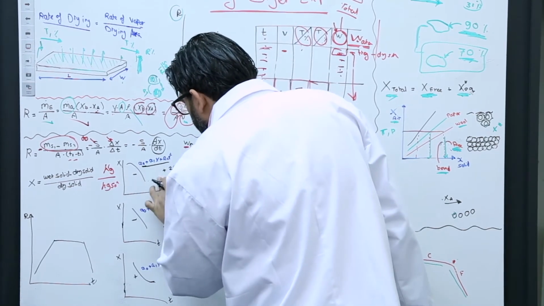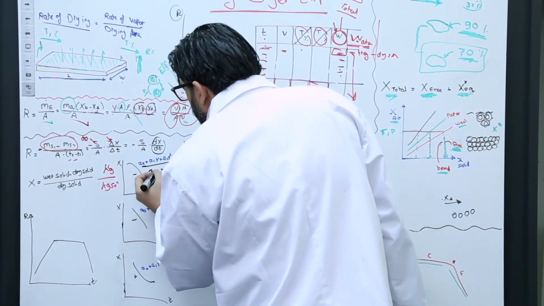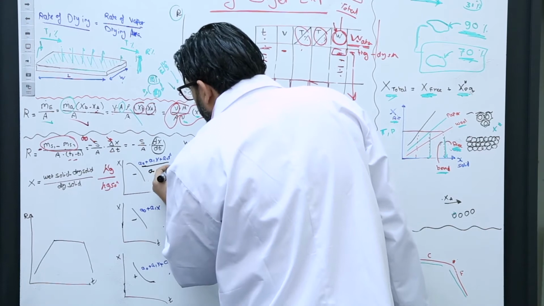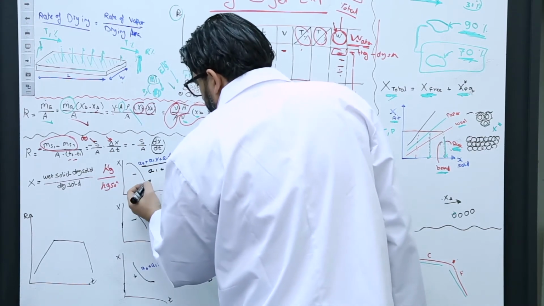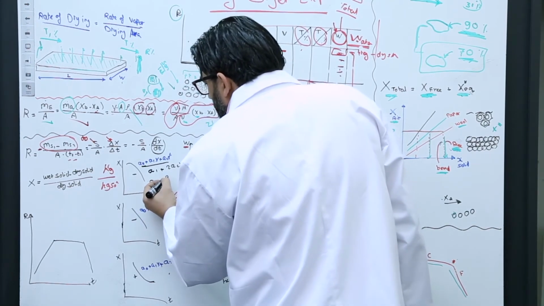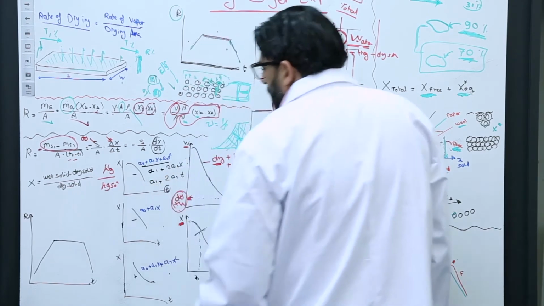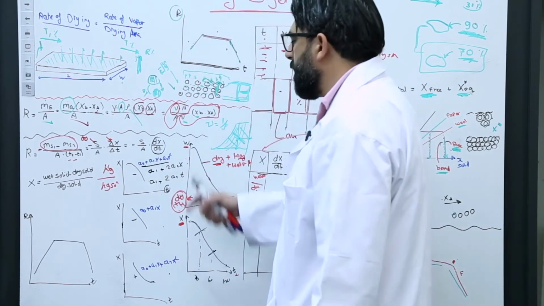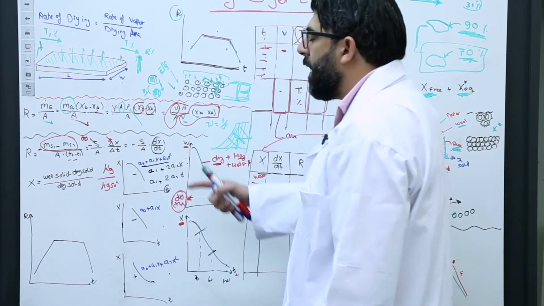It should be here A1 plus 2A2x. Okay, so here it will be A1 plus 2A2 time. Take care because some students make a mistake and for the x they use the humidity.